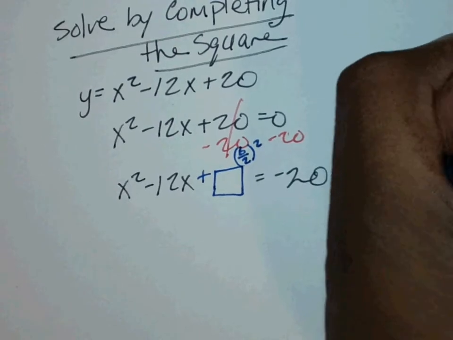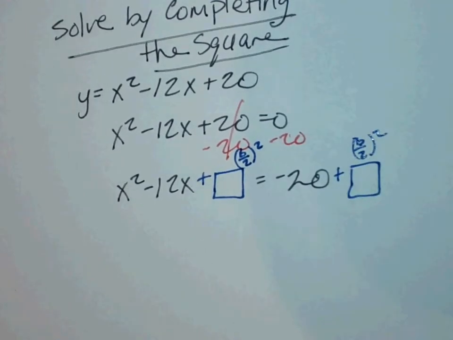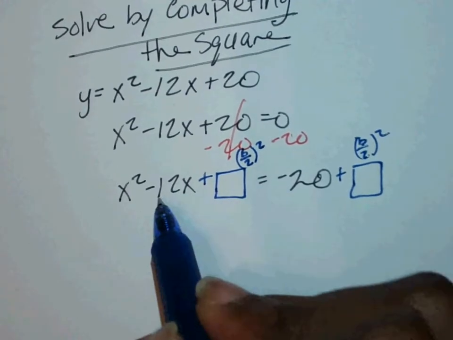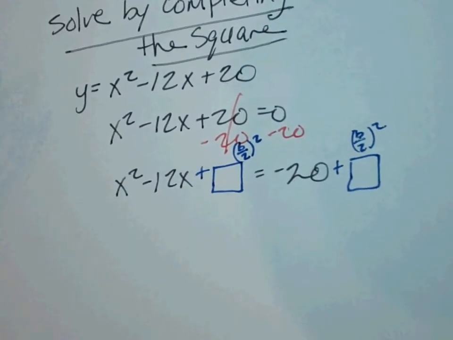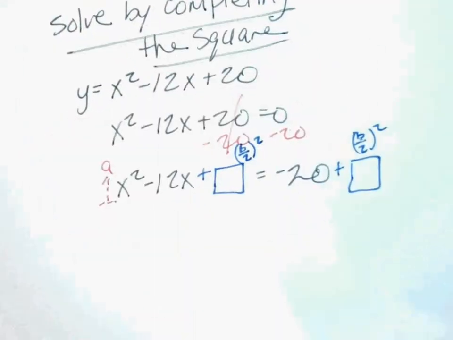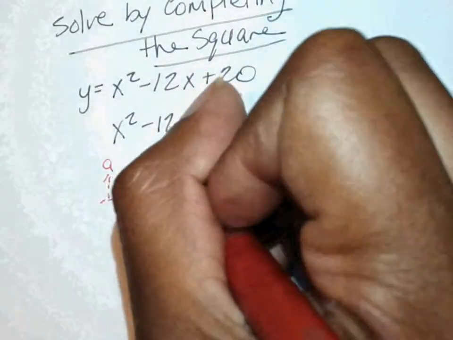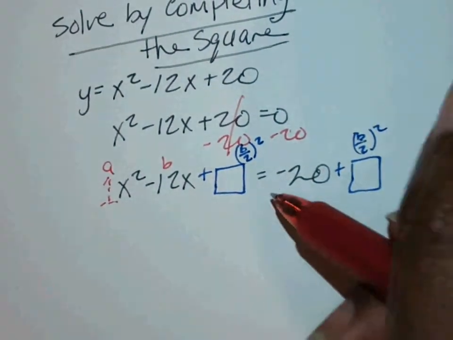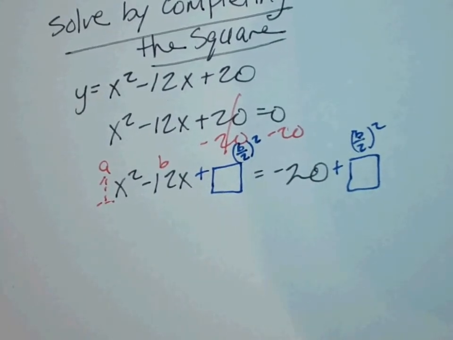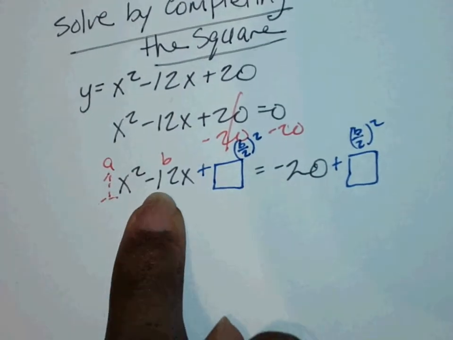B divided by 2 squared is what goes in my squares. So b, if you remember quadratics, ax squared plus bx plus c, that's my standard form. A in this case is an imaginary 1. B is a negative 12. And I moved my constant over, so I don't really have a c. I don't need to worry about that. Alright, so b is negative 12.